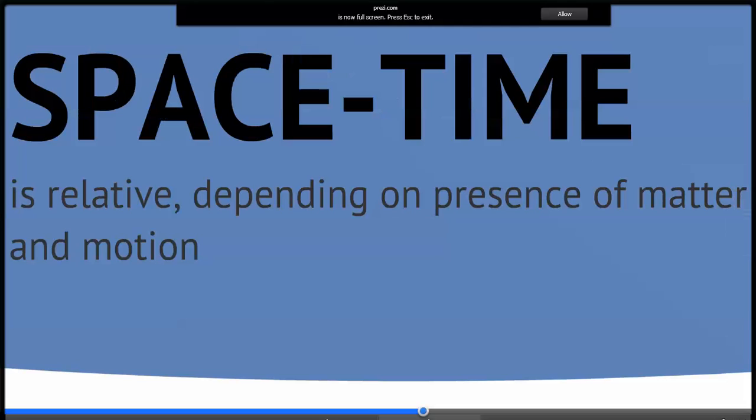We previously talked about space, and hopefully you read the articles from the last class on space. But when you take time and incorporate it into space, you get this relative creature: space-time depends on the presence of matter and motion, and space-time is actually relative.